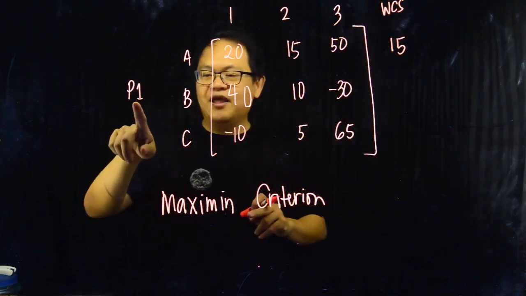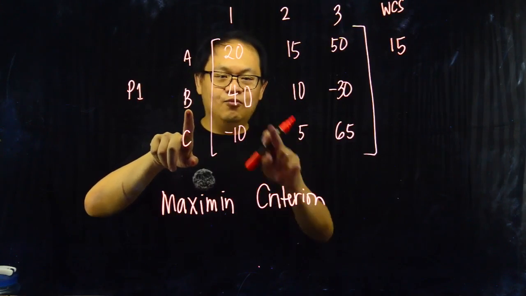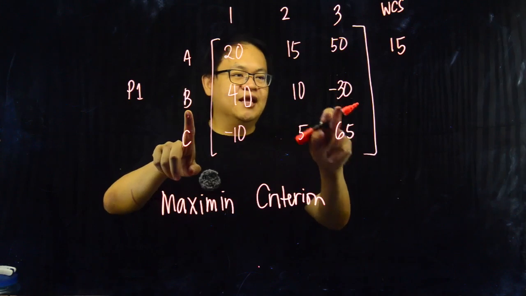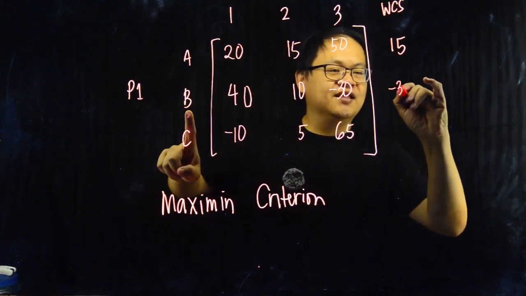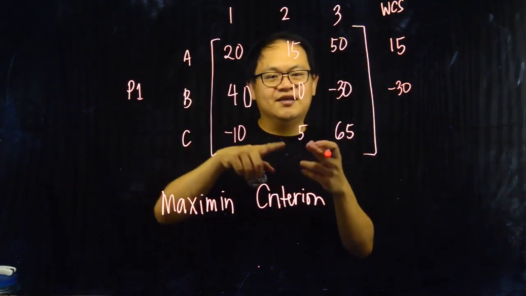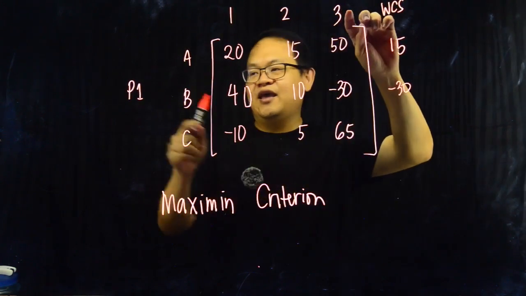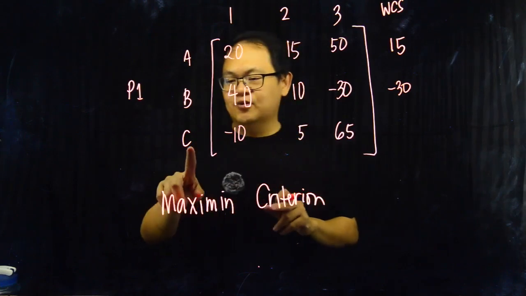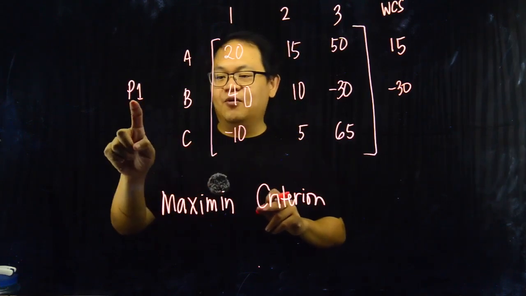Now, if player 1 chooses B, then what is the worst case scenario between 40, 10, and negative 30? We know it's negative 30. Why? Because the worst is player 2 will choose 3 and player 1 will lose 30. And finally, what's the worst case if player 1 chooses C?